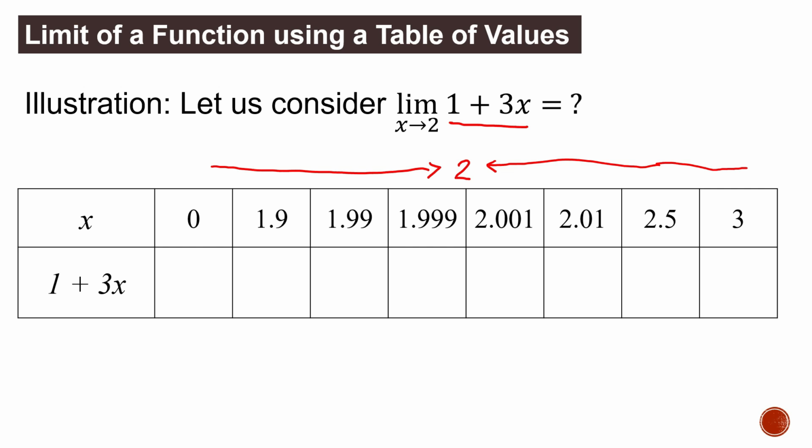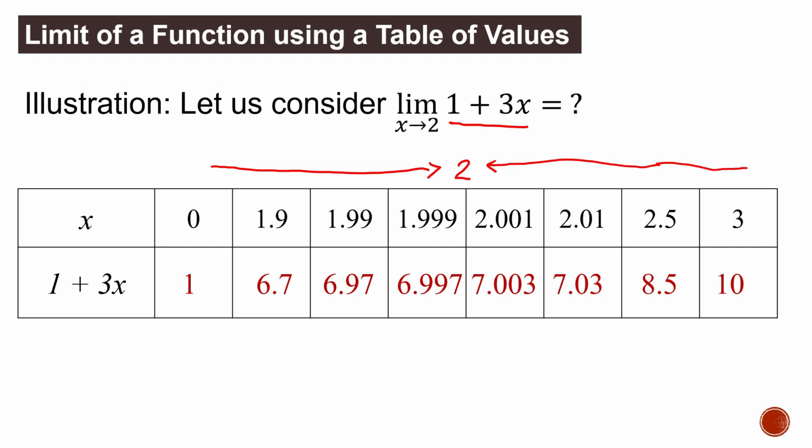Alright, so here we go. Let's see the y values from the left and the right at the same time. Okay, so if x equals 0, obviously you plug in that 0 to x. That's 3 times 0 is 0, plus 1 is equal to 1. We plugged in 1.9 to x, that would be 6.7. And then that would be 6.97, and then 6.997.